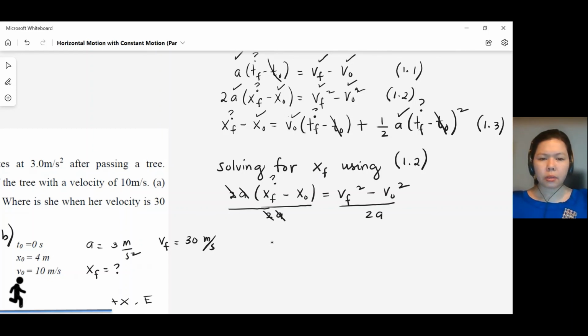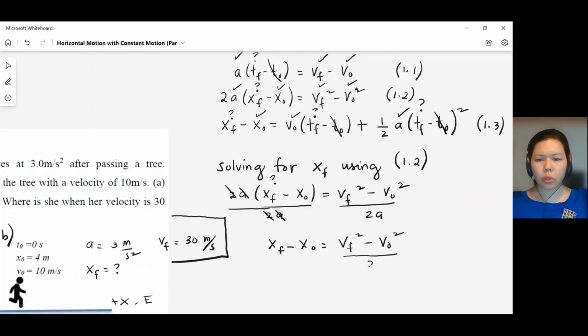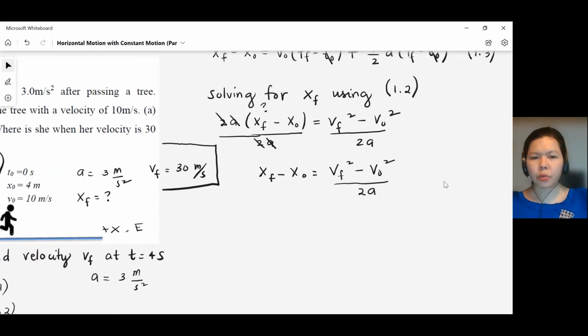And again, we have XF here. Let me draw a border there. Minus X naught equals VF squared minus VO squared over 2a. We drag this one.